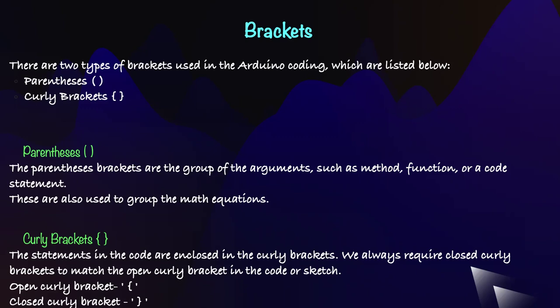In that way, we are going to avoid the mistake of missing one curly bracket. I hope you got what I'm saying. Whenever you are opening a curly bracket, close it at that moment only, and then take the cursor inside it and write the code, whatever you are writing.